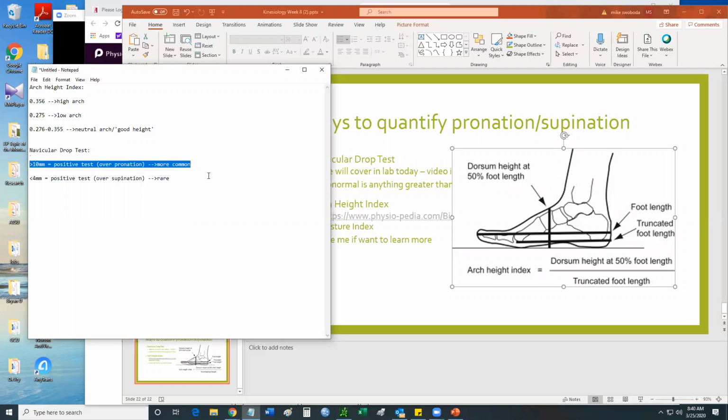So pronation is going to be much more common than supination. And now I'm going to show you how these actually work.